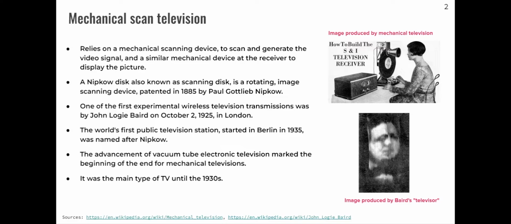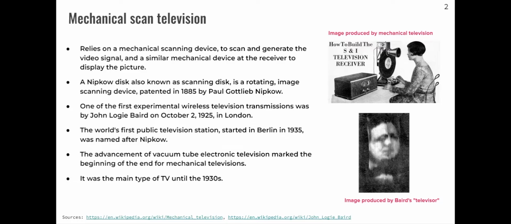So, Baird's system used the Nipkow disc for both scanning the image and displaying it. A brightly illuminated subject was placed in front of the spinning Nipkow disc set with lenses which swept images across a static photo detector. The signal from the photo detector was then transmitted by AM waves to a receiver unit where the video signal was applied to a neon light behind a second Nipkow disc whose rotation is synchronized with the first one on the transmitter side.